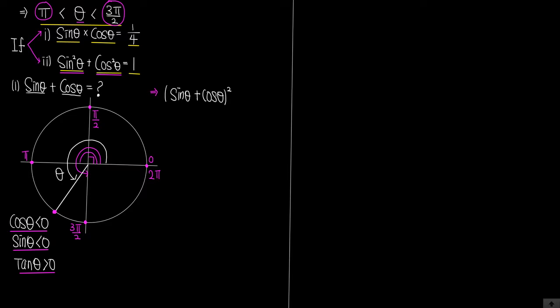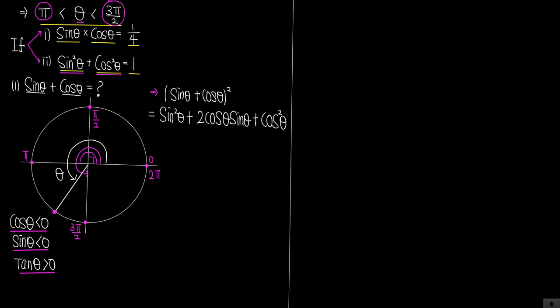All you have to do is think about sine theta plus cosine theta squared, and extend this equation just like the usual quadratic equations. You will get sine squared theta plus 2 cosine theta sine theta plus cosine squared theta.